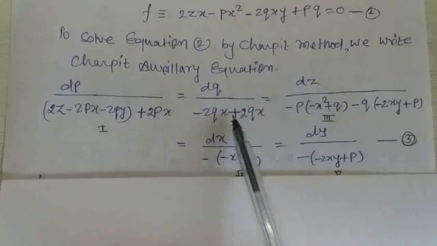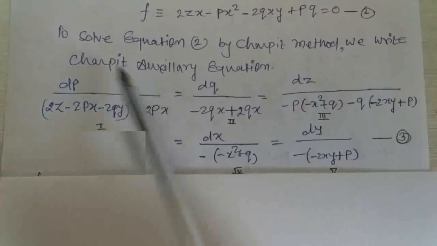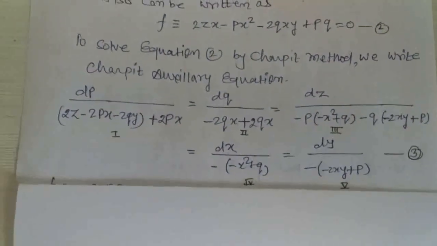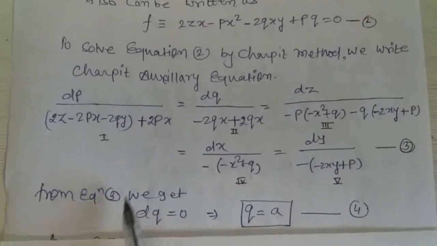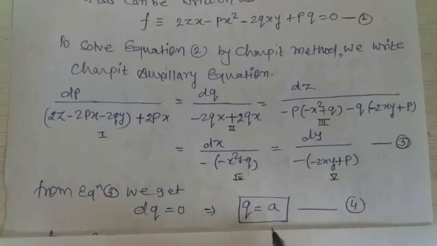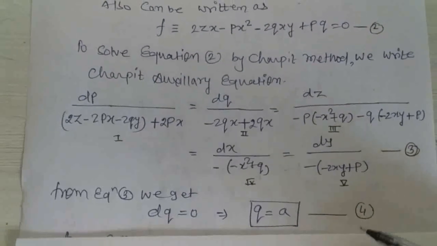Now this 0 we multiply into the left hand side, so the whole expression is 0 and we get dq equal to 0. Integrating this, we get q equal to a constant, a. So this is the value of q.